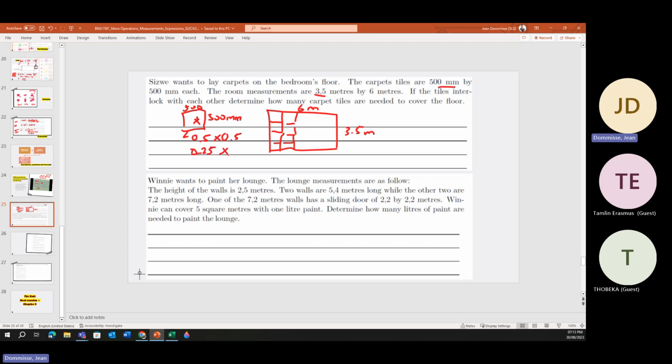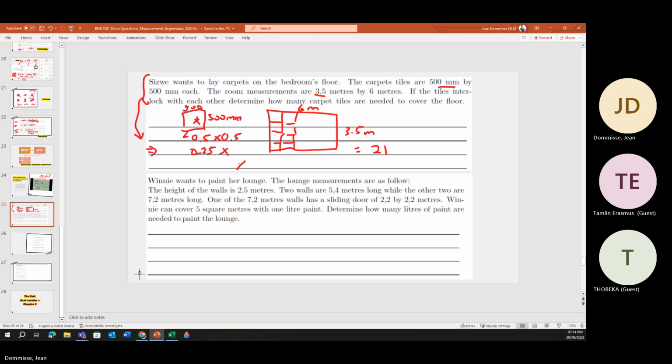So how many tiles do we need to fill this whole area? That whole area is 6 times 3.5. So how many tiles do we need to fill the area of 21 square meters? Okay, so what we actually have done here is by giving us a word sum, we created an equation to solve for x.